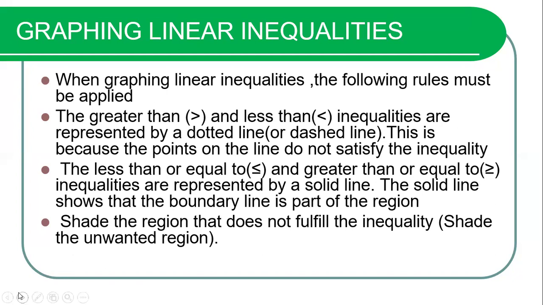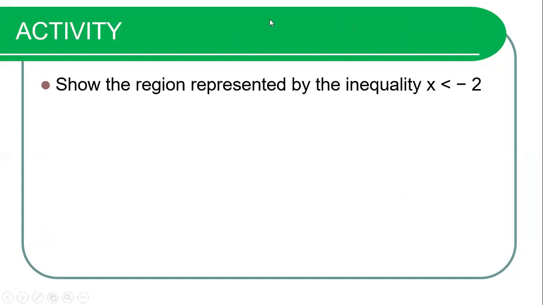So let us start. As we start, I want you to take note of two things. One is that whenever we are representing an inequality on our graph, when we have greater than or equal or less than or equal, here we use a borderline.